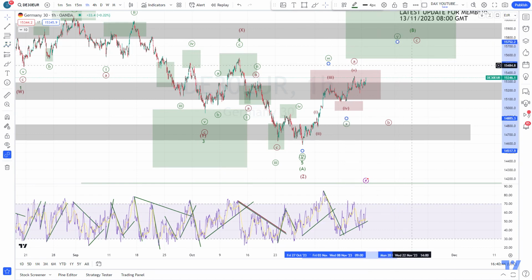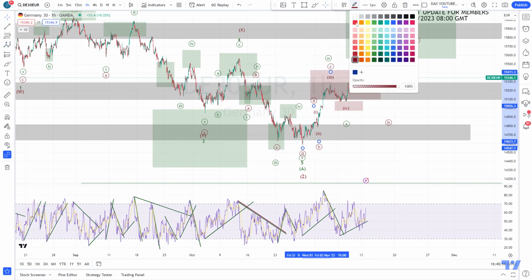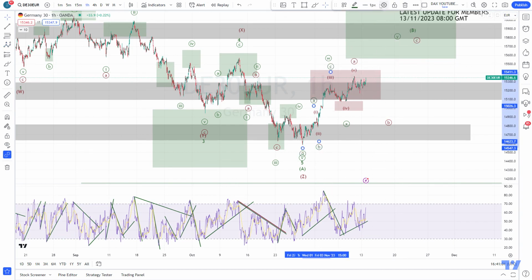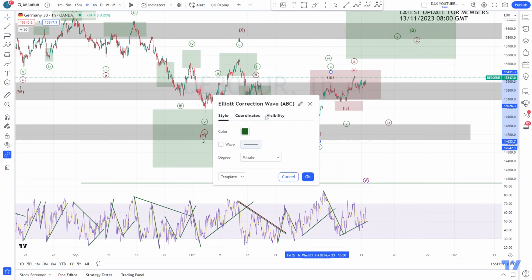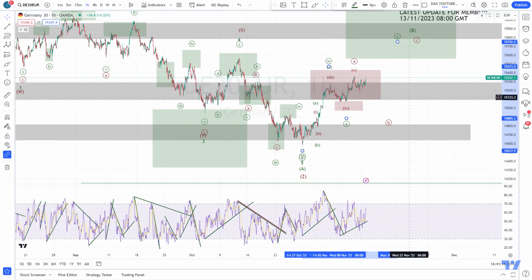So that here we did a wave W as an ABC structure, just 3 waves, corrective, like a wave W should be. So let's put it in the right degree. Then here, this is the wave A, this here is the wave B, and then here we had a wave C up, finishing the wave W.